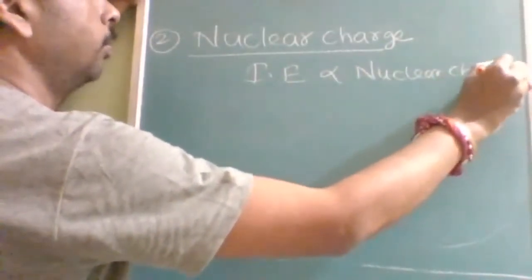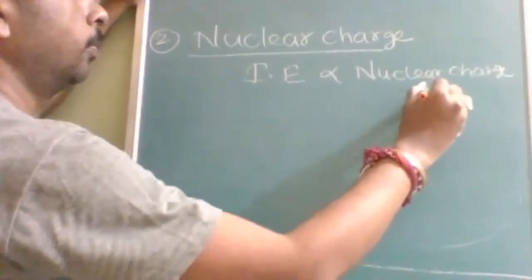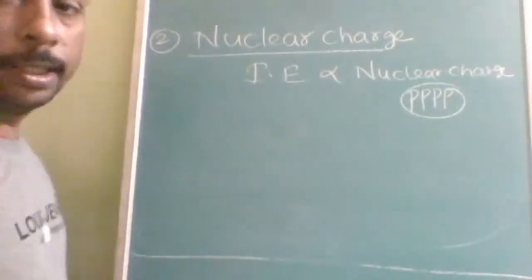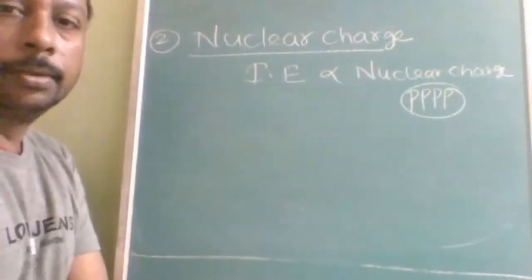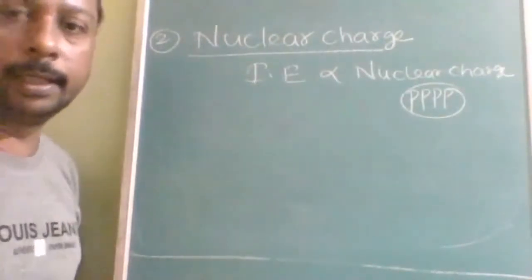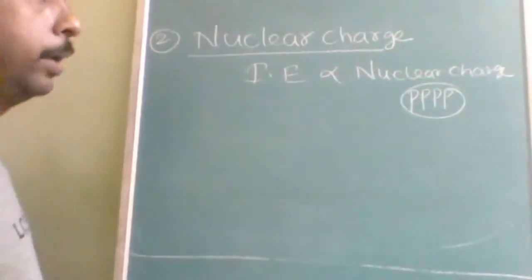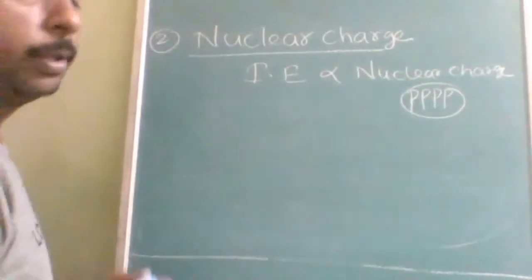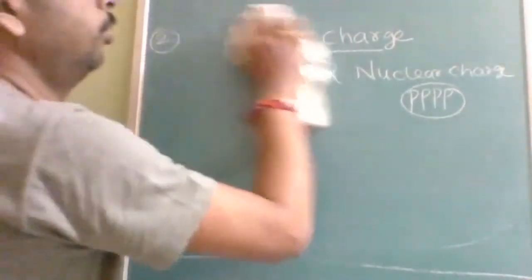So the more the nuclear charge, the more protons, so more will be the attraction, more energy is required. There is no further explanation required for this. Just write down ionization energy directly proportional to nuclear charge only. Then we will go to the more important last three topics.